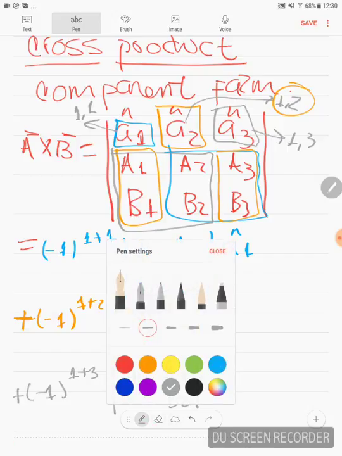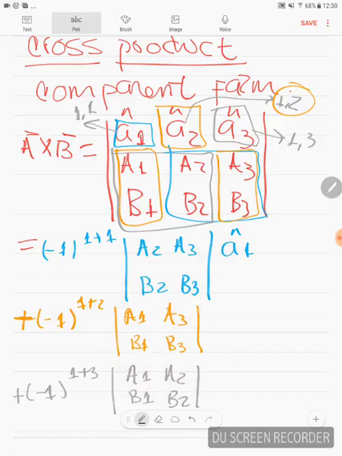And I will use black for the following. This minus 1 to the I plus J, where this one here is located in position I comma J of the matrix.